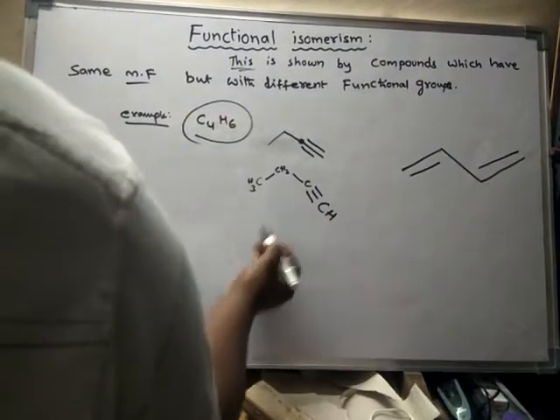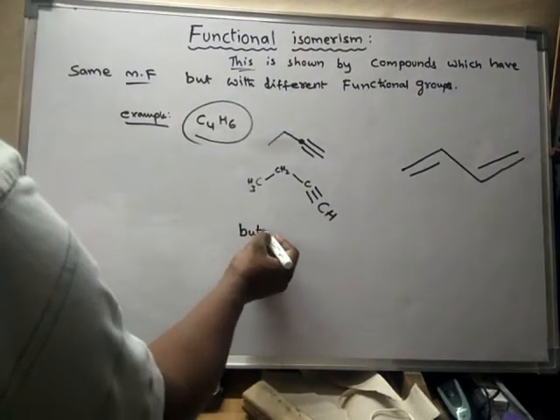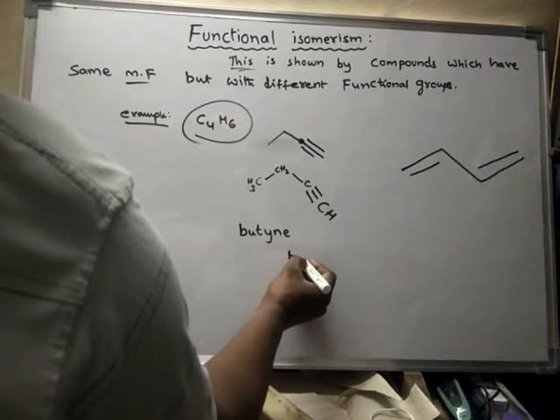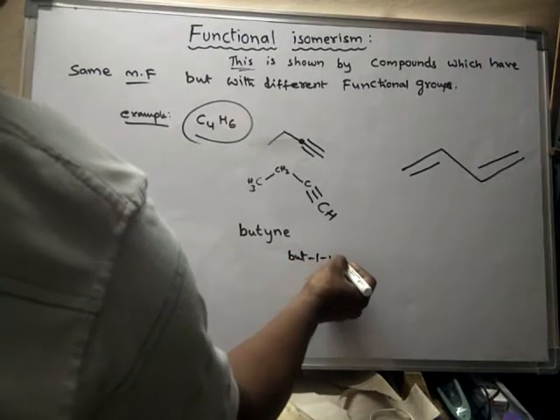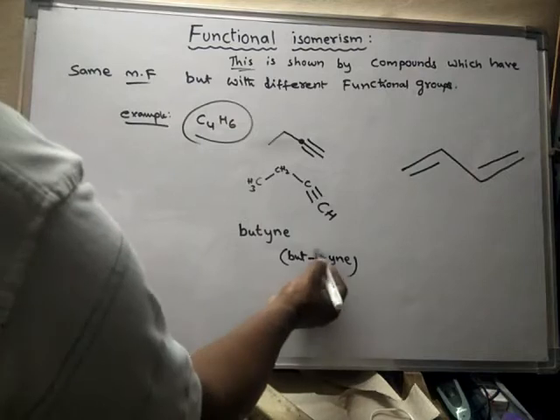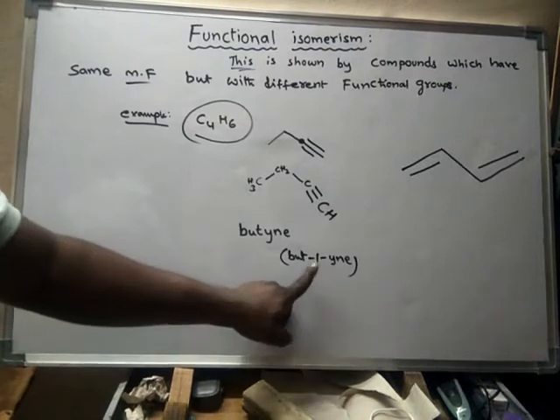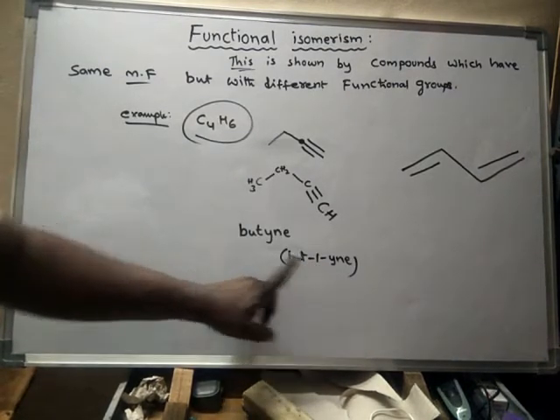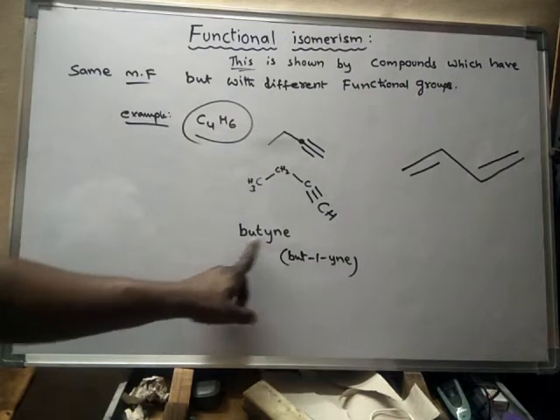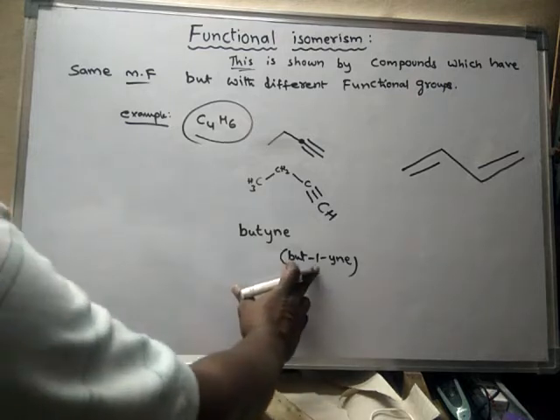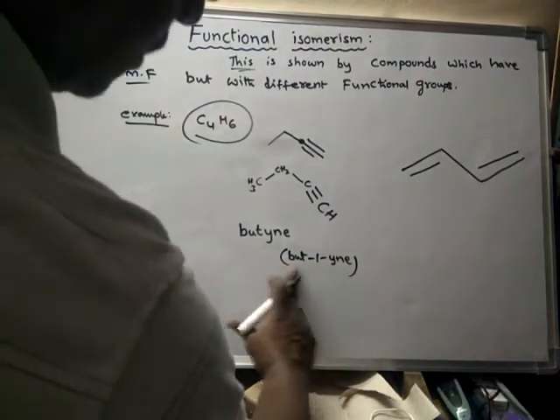So butyne, or else but-1-yne. Here as it is one, it is left to our option. Sometimes we may not write this one, so without writing one we can write the name like this also. Only for one is the chance there. Suppose if it is another number, then compulsorily we have to write it in this way only.